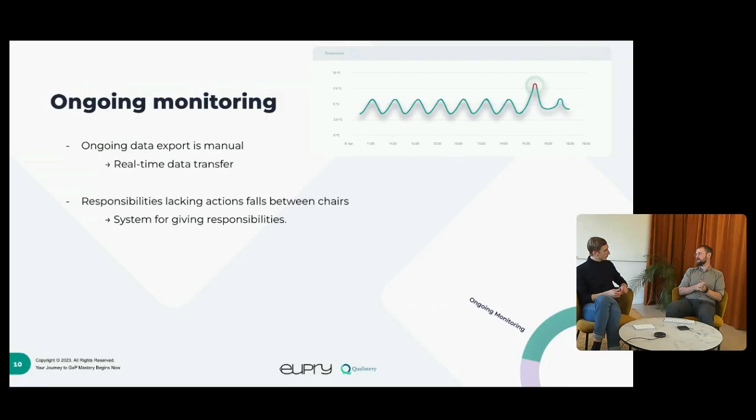can fall between chairs. So you might get deviations of temperature that no one is really set up for receiving, or the people who are supposed to be set up for receiving don't have the right configuration. So the thing to do is basically to have a system that allows for giving out responsibilities, giving out actions to people so that someone knows what to do in terms of a temperature non-compliance.